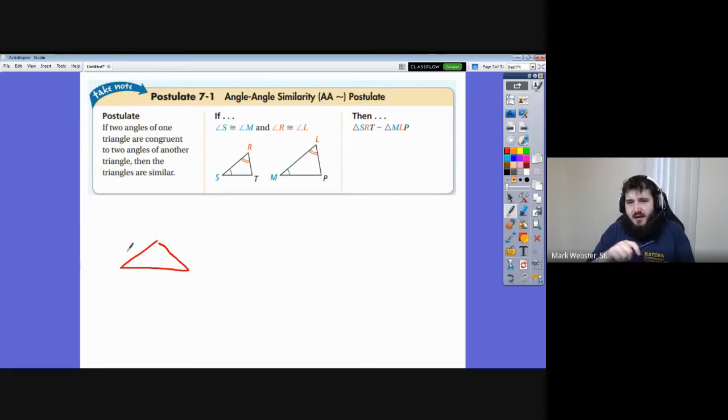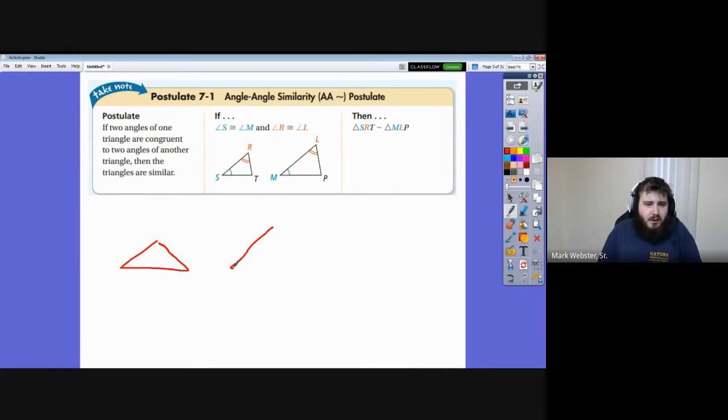Side, side, side, side, angle, side, angle, side, angle, angle, angle, side, right angle, hypotenuse, leg. There are always 3 things, but here there's only 2?